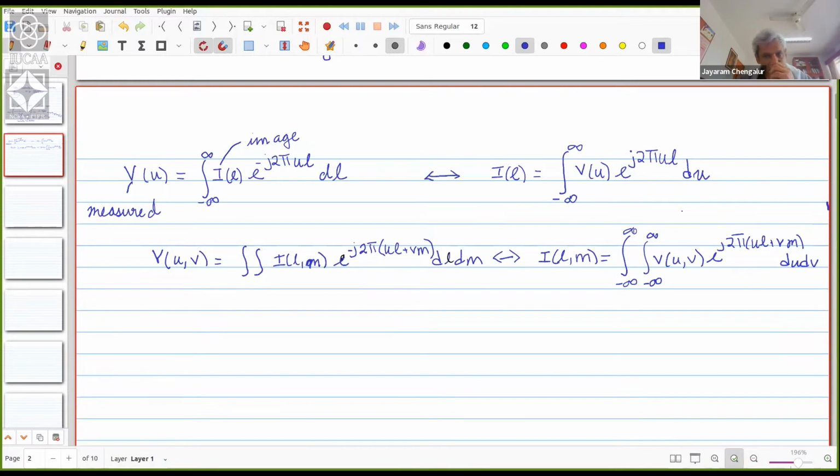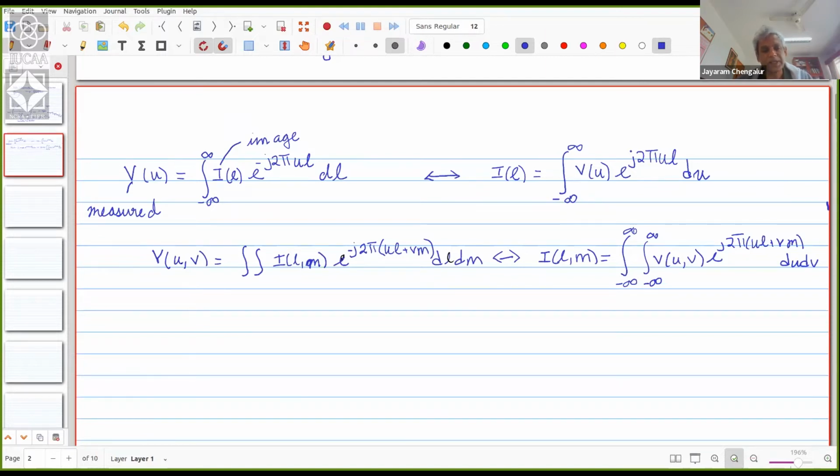Supposing I have 2 antennas, I can put them at some separation, and I use my correlator to measure one particular visibility at one particular U and V. And if one of my 2 antennas is movable, I move it to a slightly different position and do another measurement that gives me V at another U and V. I can go on and on until I have built up measurements of V of U, V. That is, I know the visibility function V(U,V).